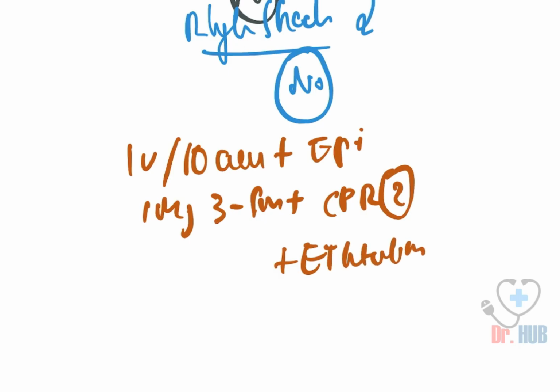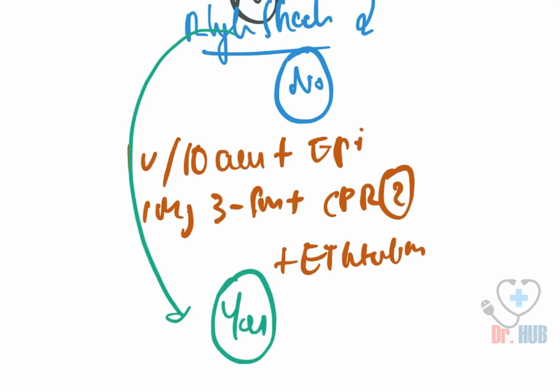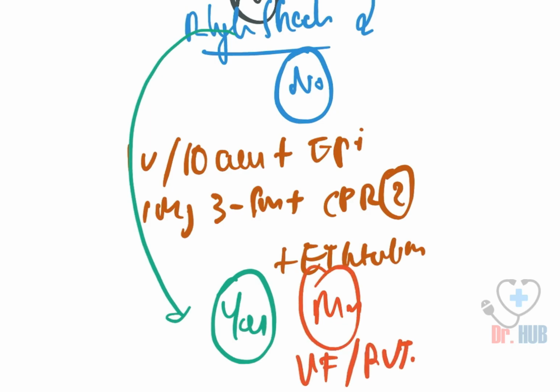We go back to this step, and in case the rhythm turns out to be shockable, we manage for the VF and the PVT.